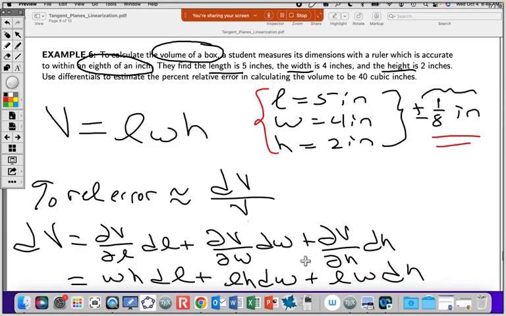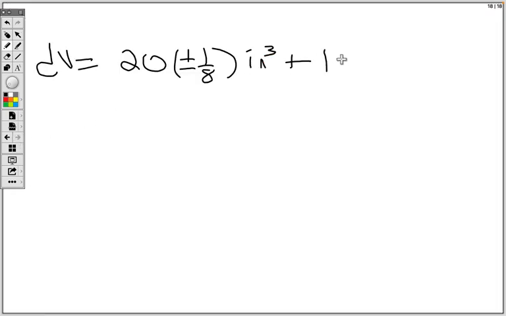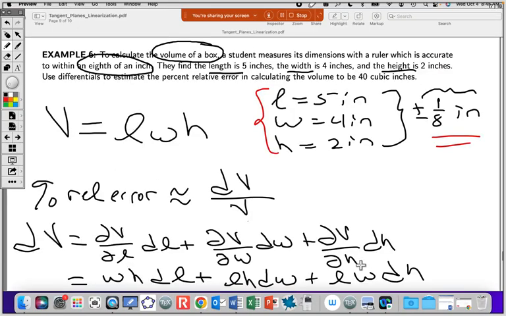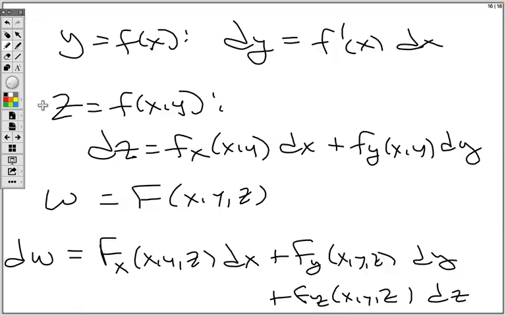Plus LH, that would be 10 times dW, which once again is plus or minus 1/8. Each of these are measured in inches, so this is inches cubed. Plus LW. Oh wait, did I mess this up? WH should be 8, not 20.